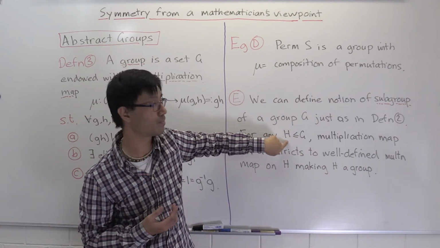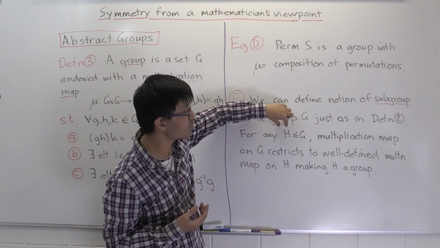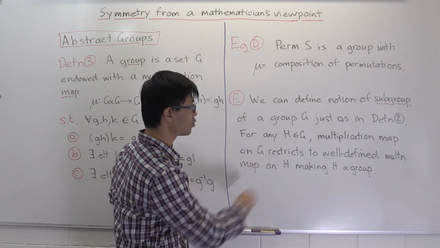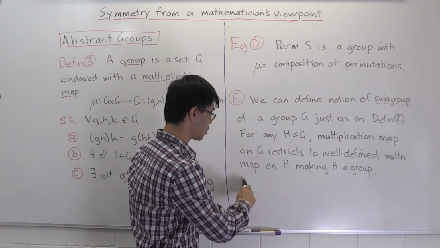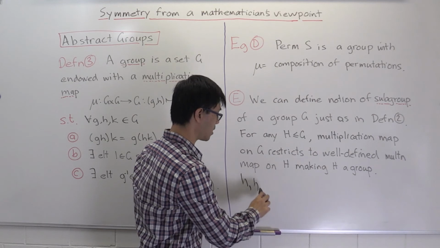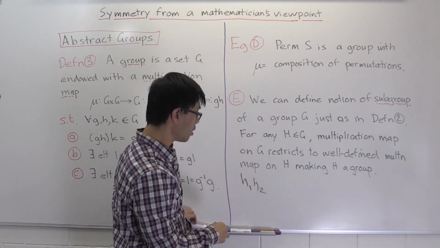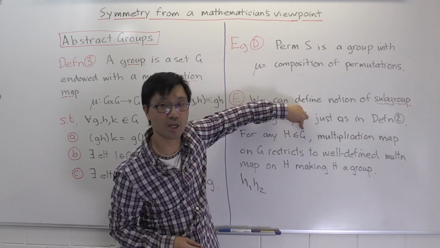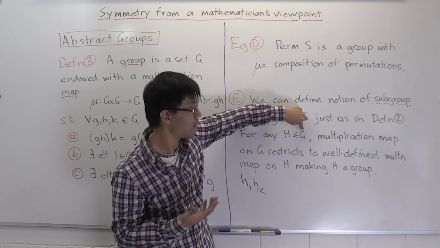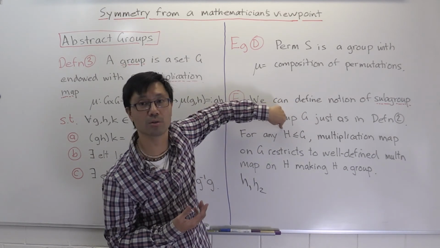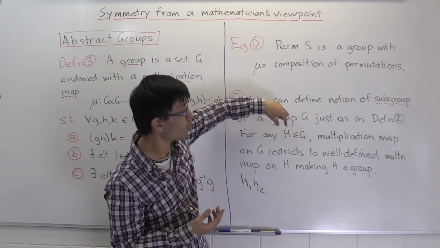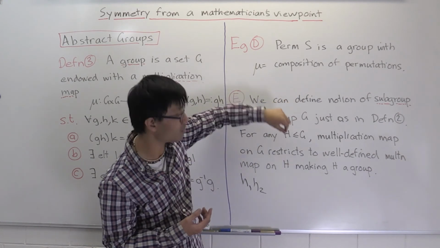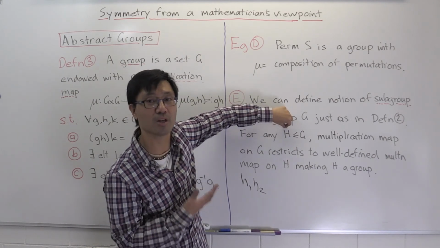A multiplication map. Well, the key point is that if you have closure under multiplication, then if you have two elements h1 and h2 inside H, you can multiply them inside G, and that will give you an element of G. Closure under products means that this element is actually inside H. So we can restrict the multiplication on G to a multiplication on H. Multiplying two elements of H will give you back an element of H. So that gives you a multiplication map.